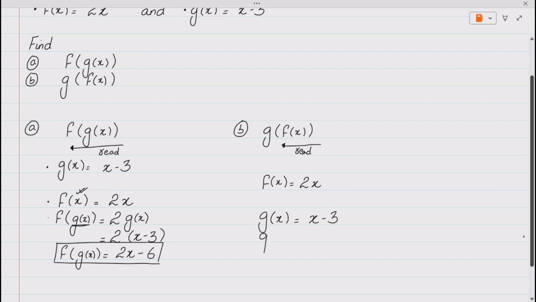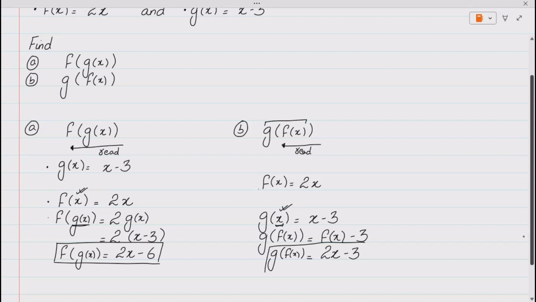So in place of x, we put f of x, because I have to find g of f of x. So here, instead of x, I write f of x minus 3. So f of x is 2x. So 2x minus 3 is the answer of g of f of x.